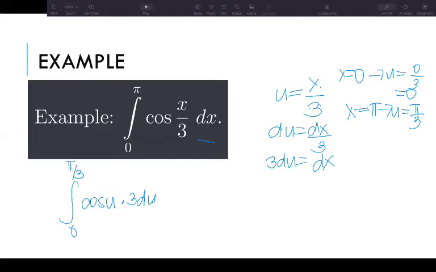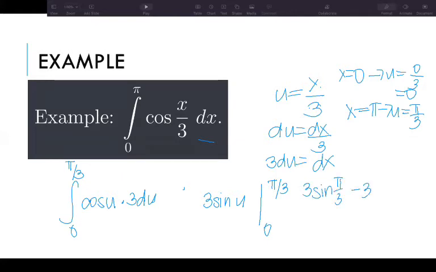Cosine's integral is simple. This is just sine u, which means that the whole integrand can be integrated into 3 sine u from 0 to pi over 3. At u equals pi over 3, we have 3 sine pi over 3.